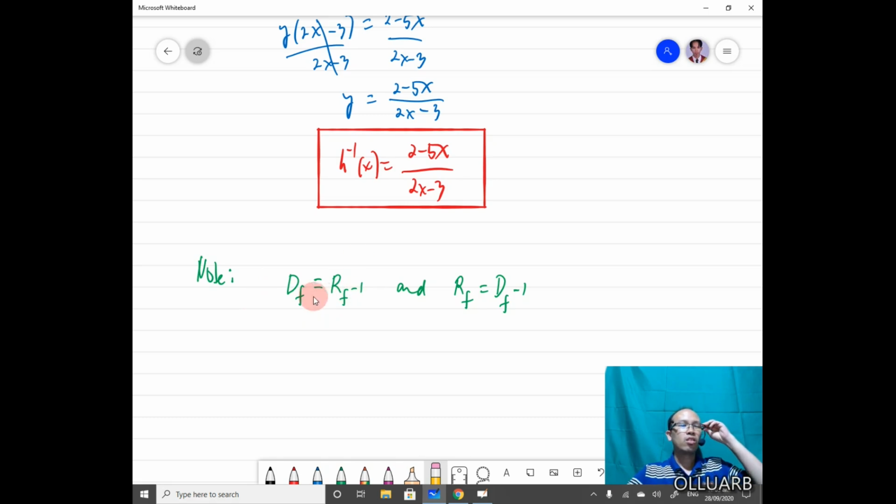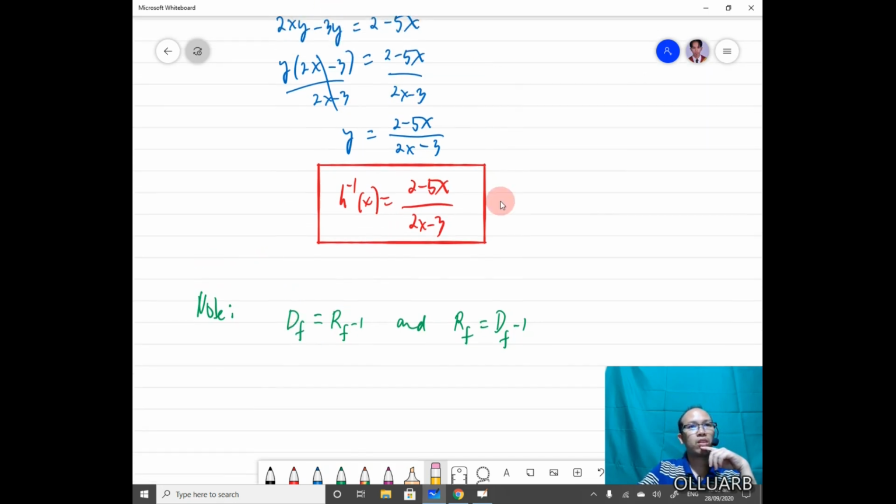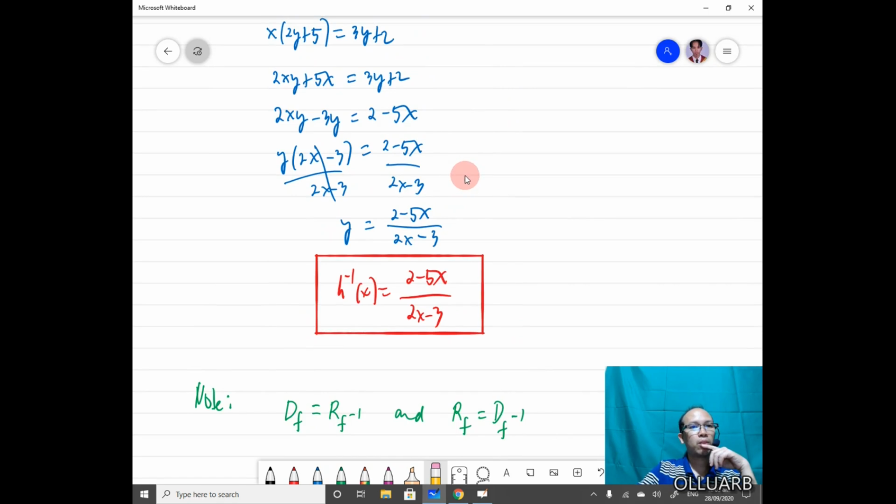Since the domain of the function here before is the set of all real numbers, am I right? The domain of f inverse is... no, this is not correct.